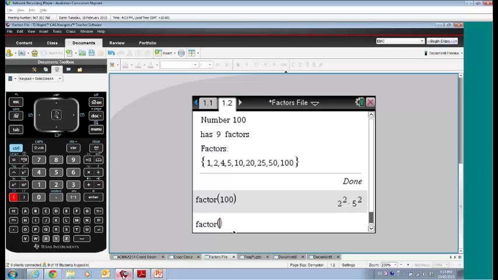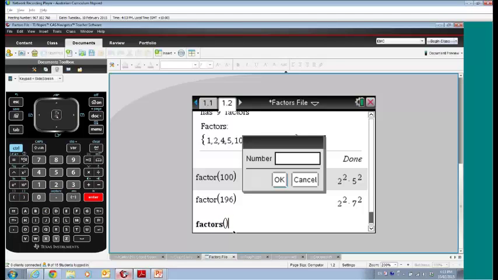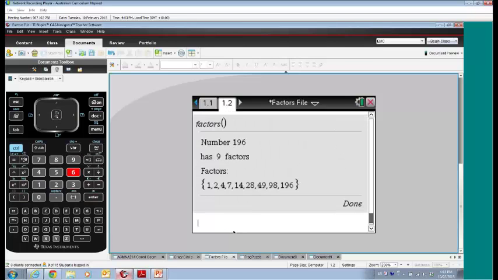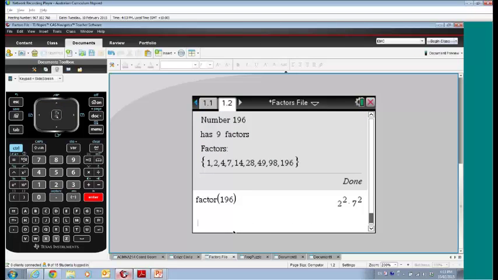We'll factor 196. That says 2 squared by 7 squared. And if we try a little factors program, which I wrote just so that if anyone sent in some nasty ones I could check them, that too has 9 factors. But what was more important was that prime factorization being 2 squared by 7 squared.